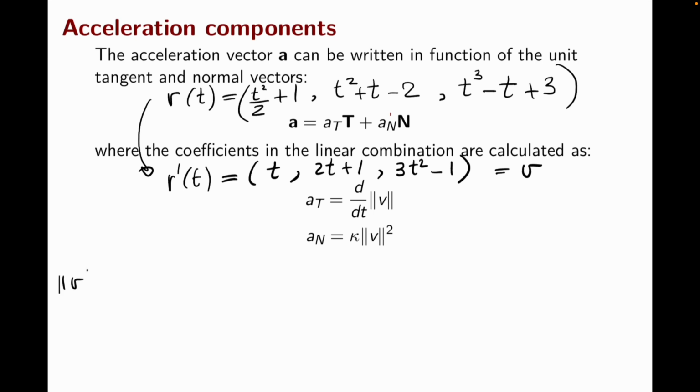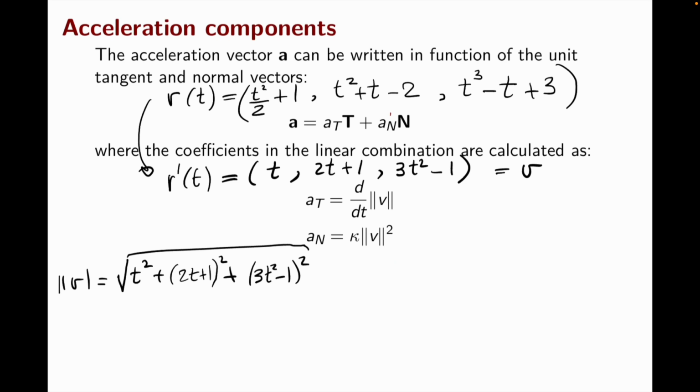So the norm of the velocity is going to be equal to the square root of the square of t plus (2t plus 1) squared plus (3t squared minus 1) squared. So the square root of all that.